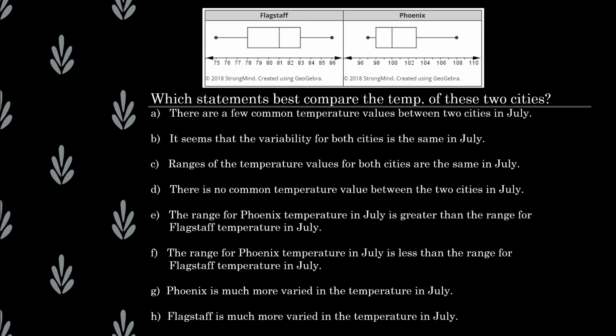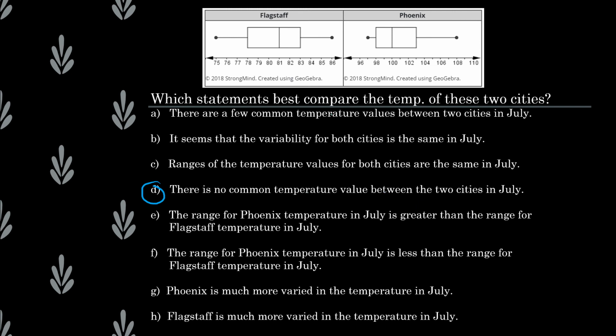I would say, though, that there are no common temperatures in the two cities in July because the highest temperature Flagstaff gets is 86 and the lowest temperature Phoenix gets is 97. So there are no temperatures in common between the two cities.